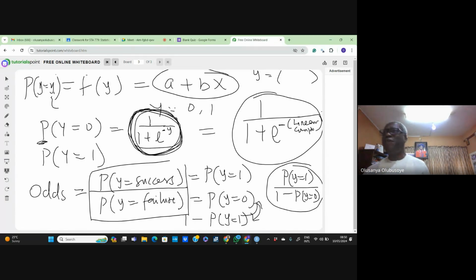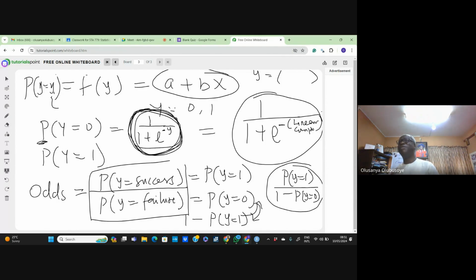If you are defining the odds of an event occurring, it is the ratio of the probability of the event occurring over the probability of the event not occurring.